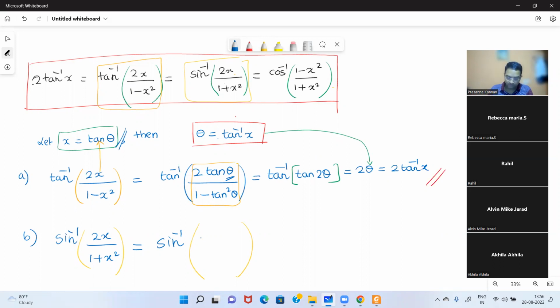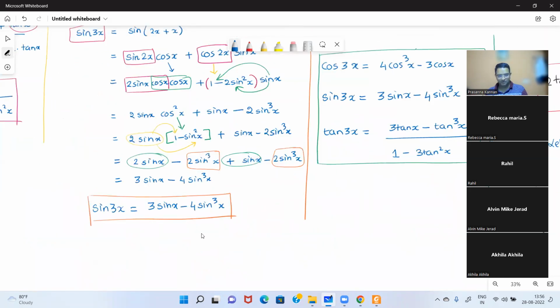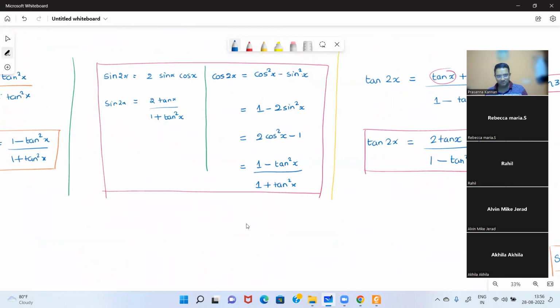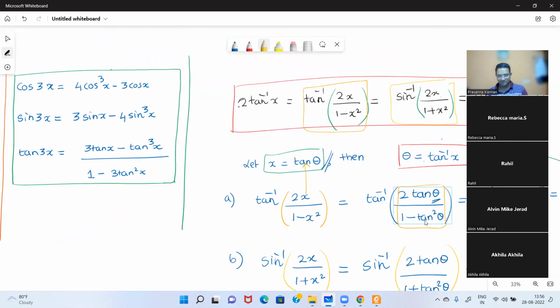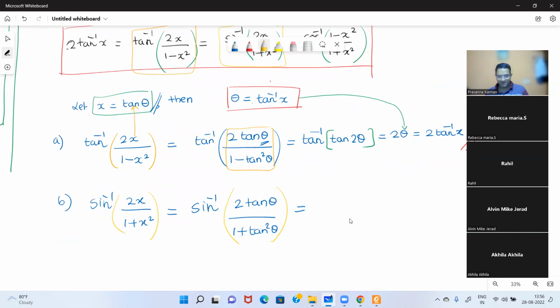So 2x means 2 tan theta, divided by 1 plus tan square theta. Have you seen this formula anywhere? Was it not sin 2 theta? What is sin 2 theta? 2 tan theta by 1 plus tan square theta. So 2 tan theta by 1 plus tan square theta can be written as sin 2 theta. Exactly.